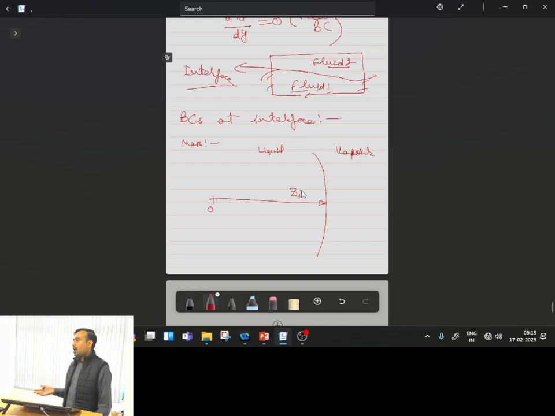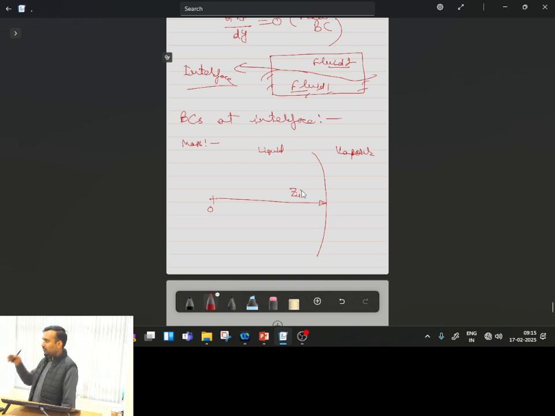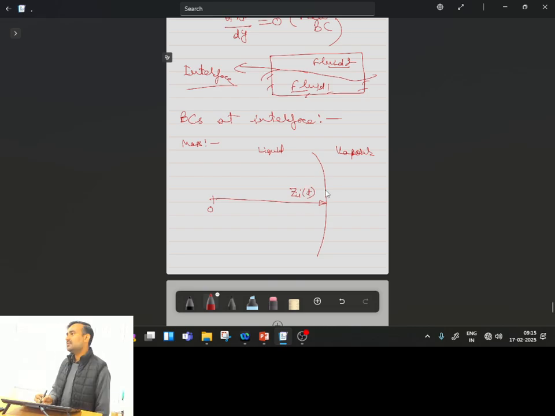Whenever the flow evolves with space and time, the interface position will not remain constant, it will keep on changing. So let us assume that this interface position is a function of time. Now I will consider a control volume of infinitesimally small size at the interface.